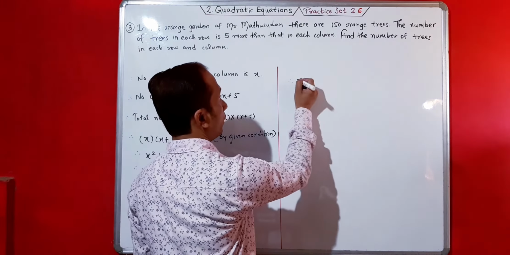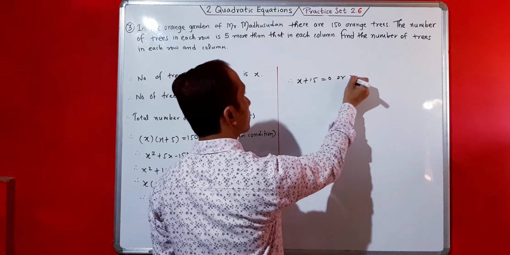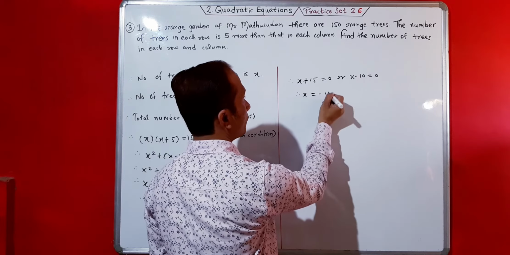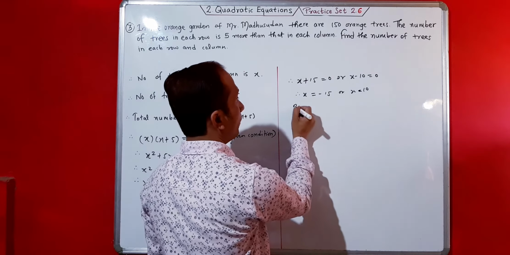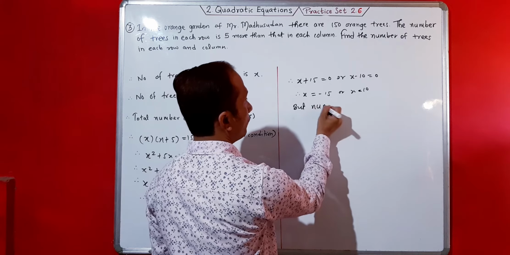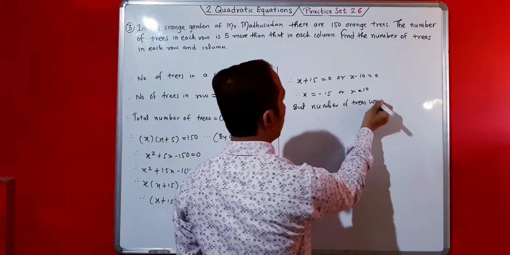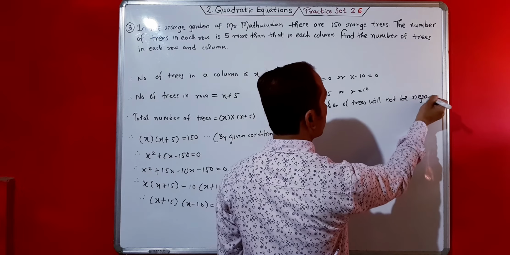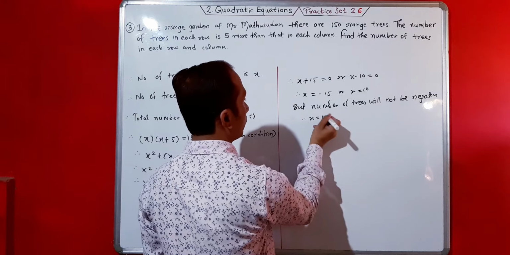Therefore x plus 15 is equal to 0 or x minus 10 is equal to 0. Therefore x is equal to minus 15 or x is equal to 10, but number of trees will not be negative, okay. So you can write, therefore x is equal to 10.